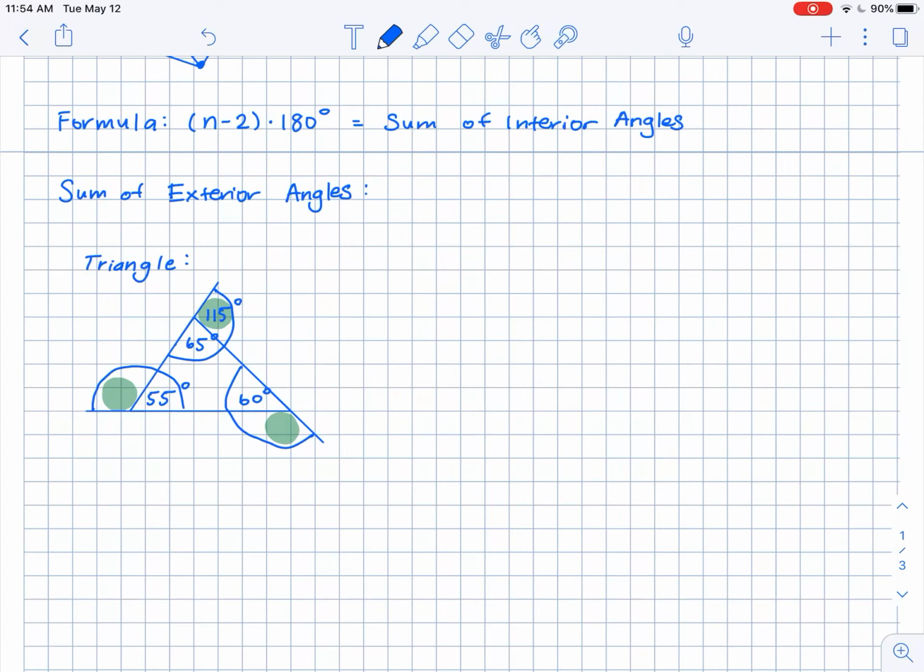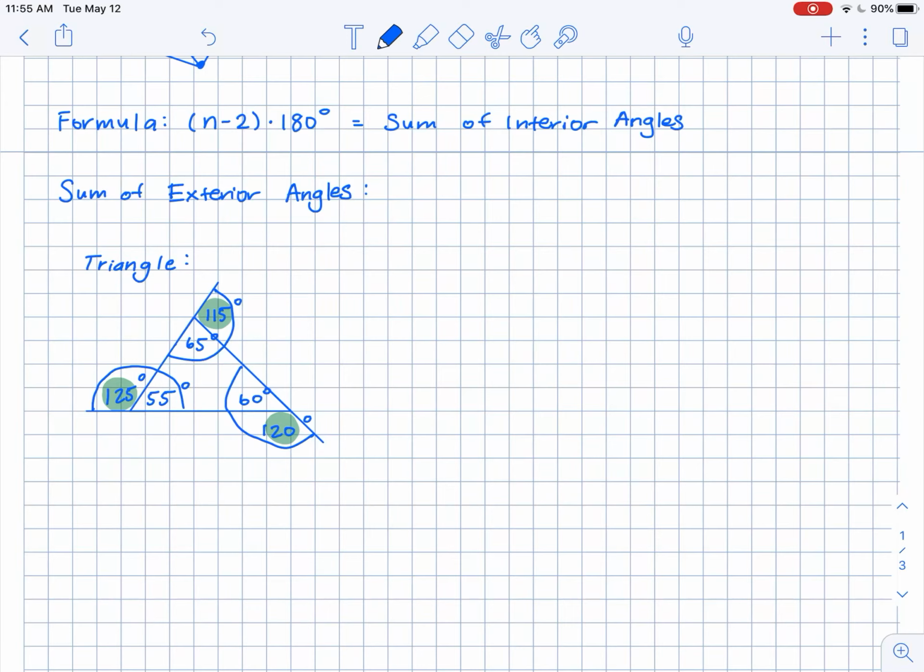Okay. What plus 60 degrees is going to give us 180 degrees? 120 degrees. And what plus 55 degrees is going to give us 180 degrees? 125. Okay.